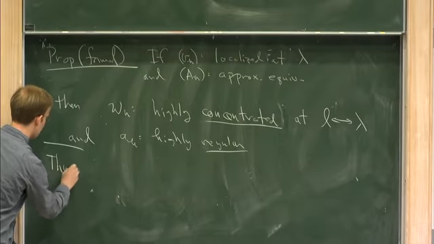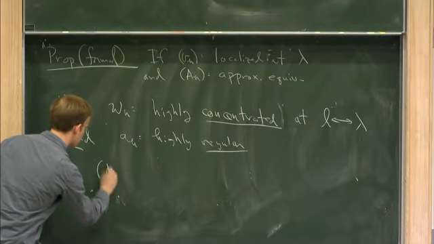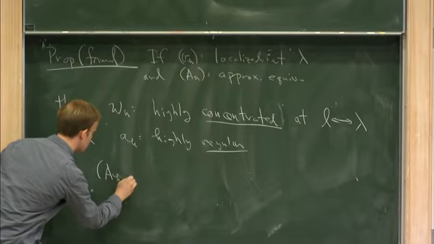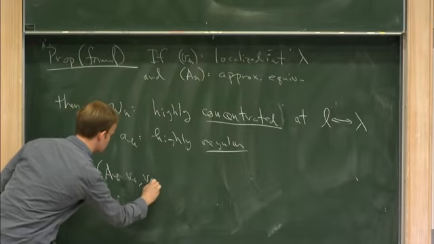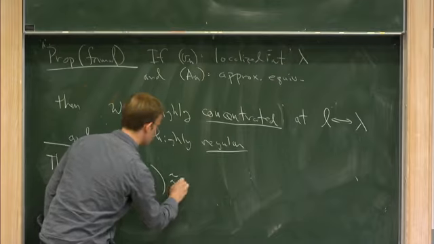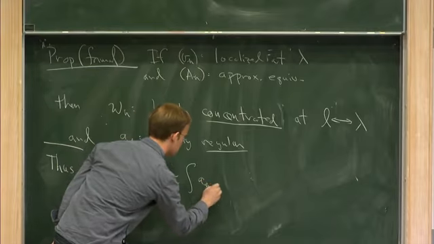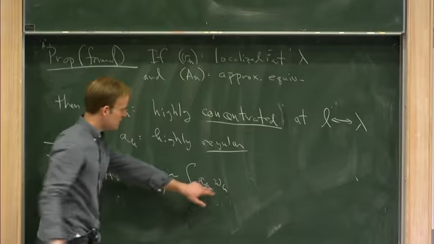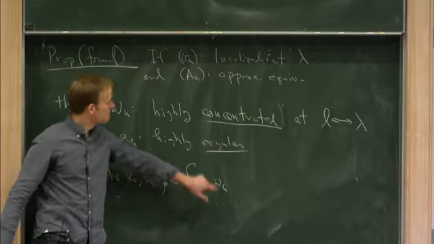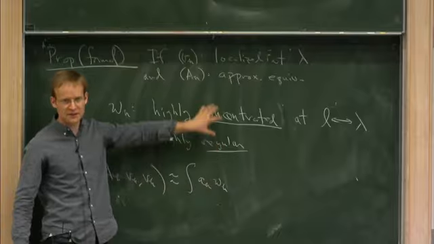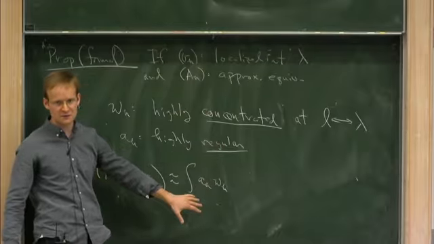So a consequence of this proposition is that we can write this matrix coefficient of A_H and V_H. By our first assumption, this is roughly an integral of a_H times W_H. If you integrate a concentrated function against a regular function, it's like integrating a delta mass against a continuous function.